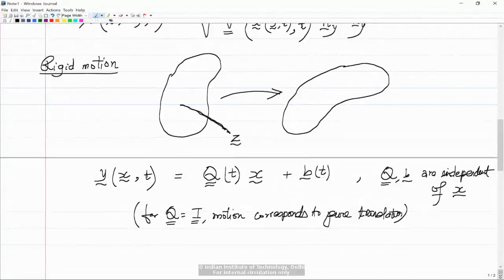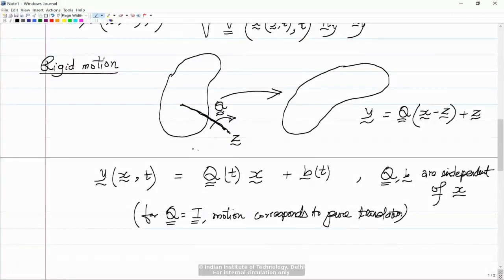So the distance of the particle relative to z will not change if it is rotation about z. Okay, and so if the rotation is, let us say, by Q and about z, then you can write such a motion as y equal to Q into x minus z plus z. Do you agree with me?